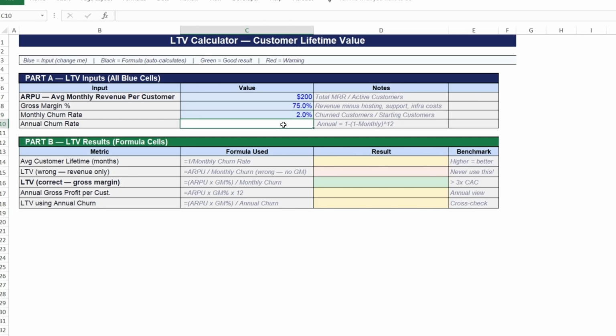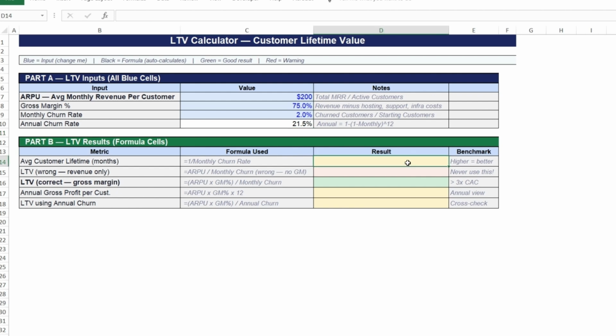To calculate that, the formula is mentioned here: 1 minus (1 minus monthly churn, which is 2%) to the power 12. So our annual churn rate comes out to be 21.5%.